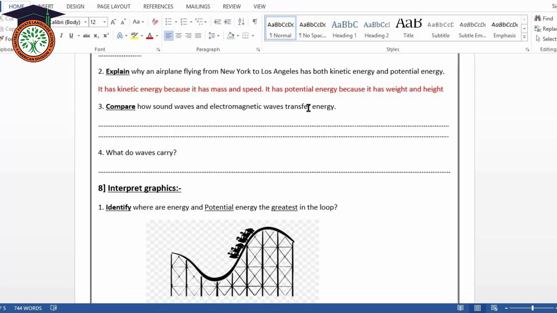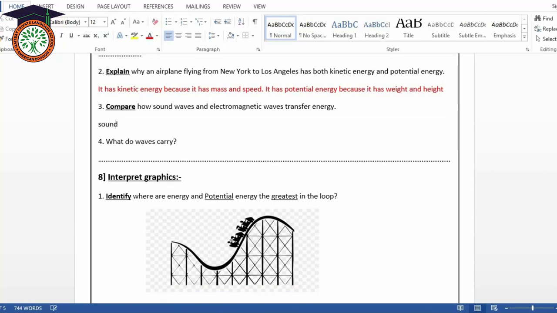Question number 3 says compare how sound wave and electromagnetic wave transfer energy. So the sound wave transfers energy by which kind of wave? Yes, by longitudinal wave, while the electromagnetic wave can move through vacuum or through matter.